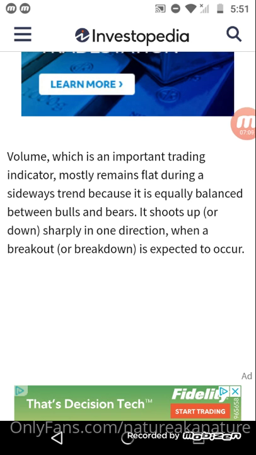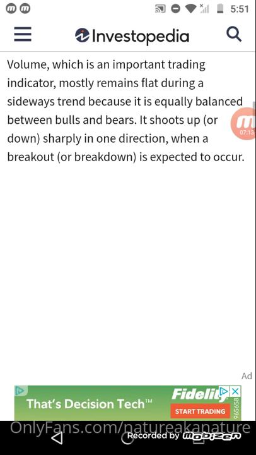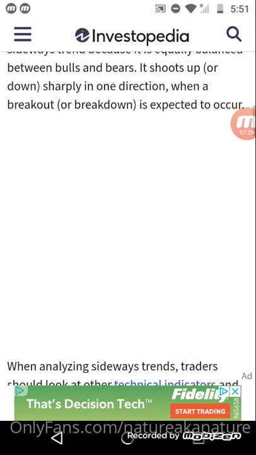Volume is a more important trading indicator. It remains flat during a sideways trend because it's equally balanced between buyers and sellers. Bulls are buyers and bears are sellers. Then it shoots up or shoots down sharply in one direction and breaks out or breaks down.